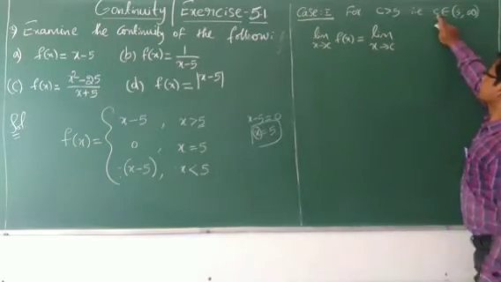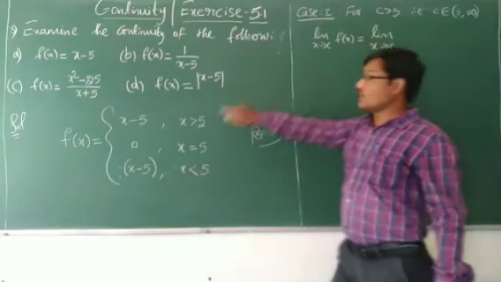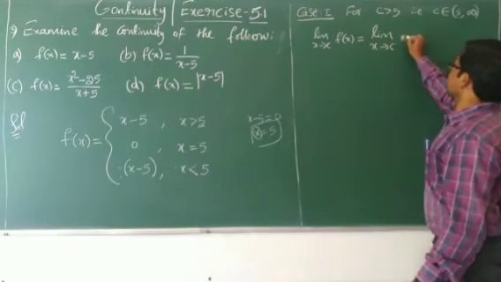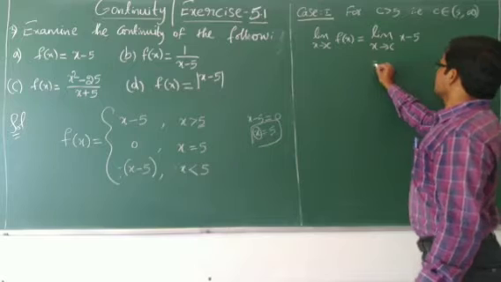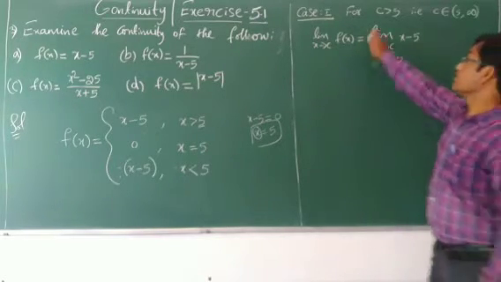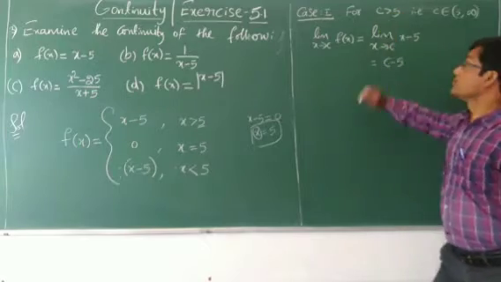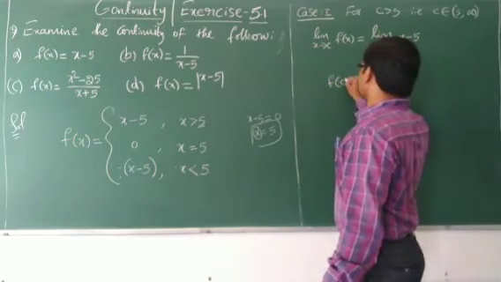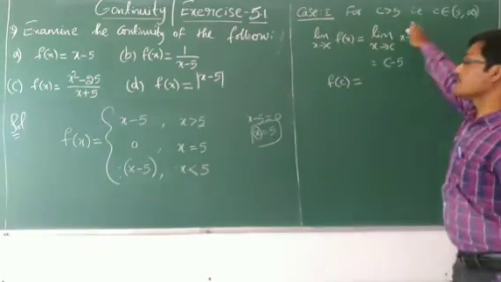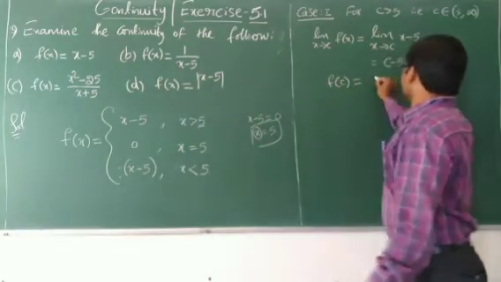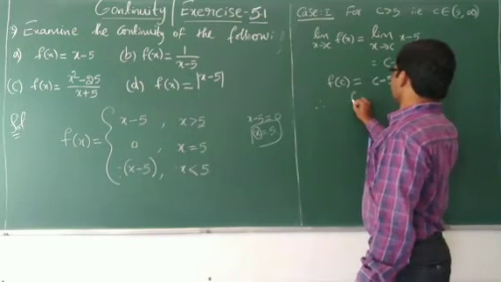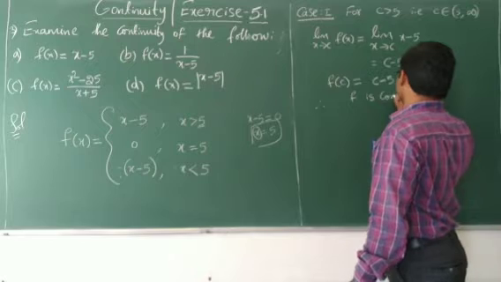Here we are taking c greater than 5, so x minus 5. So you get x minus 5, which is equal to c minus 5. That is for greater than 5. Now f of c. Again we are verifying for the first case only, c is greater than 5. So we get c minus 5. Therefore, f is continuous.